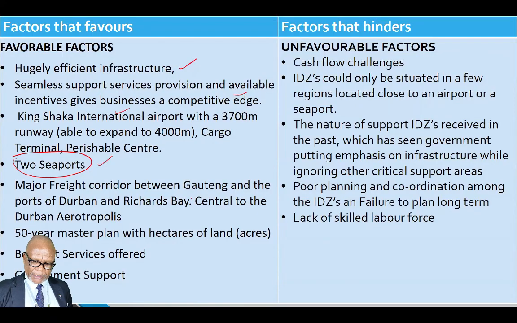There is a major freight corridor between Gauteng and the ports of Durban, and there is a 50-year master plan with hectares of land.